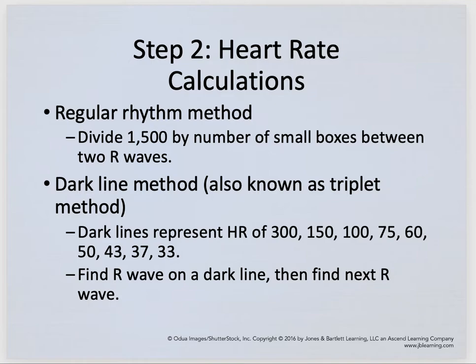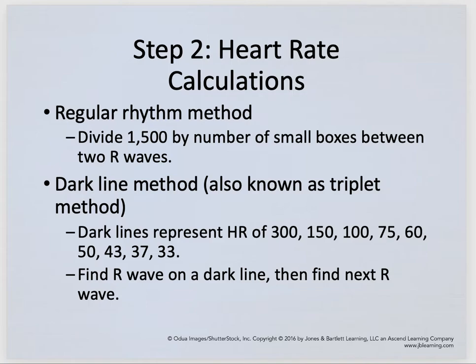The dark line method, I call that the triplet method. That's when you memorize and count backwards in this method of 300, 150, 100. How we begin this is you find one R wave that lands on a solid line. Remember, we find the R wave that lands on a solid line and you count backwards. What are you counting backwards? You're counting backwards on the lines on the EKG paper.